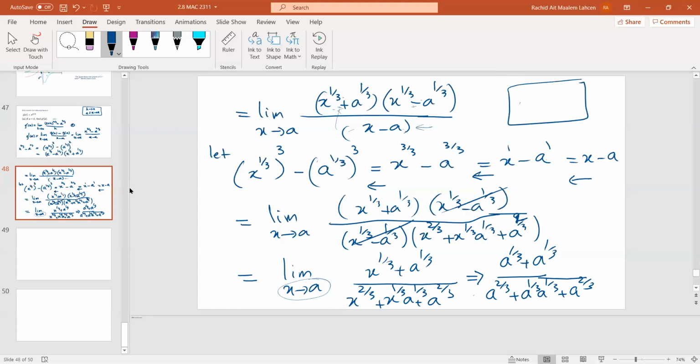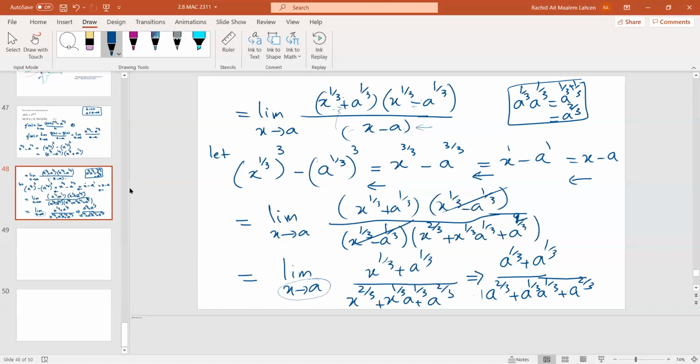So here it's going to be a^(1/3 plus 1/3), which is a^(2/3), right? So this is a^(2/3), and this is a^(2/3), and this is another a^(2/3). So 3 of them.